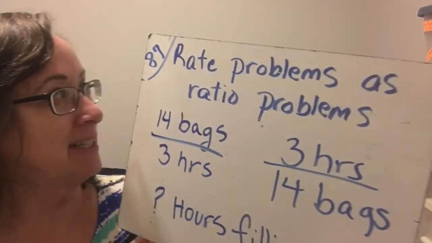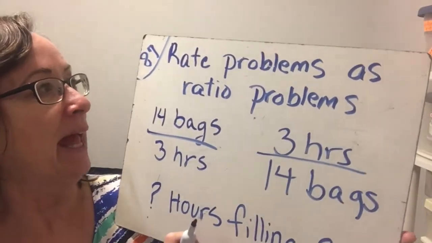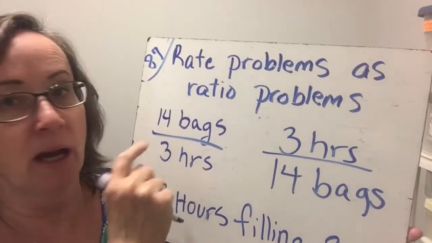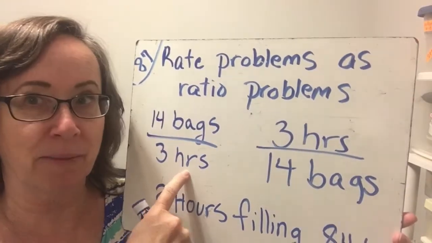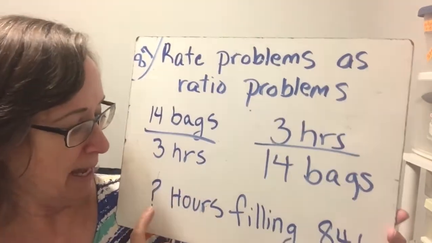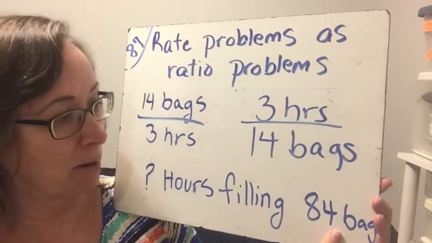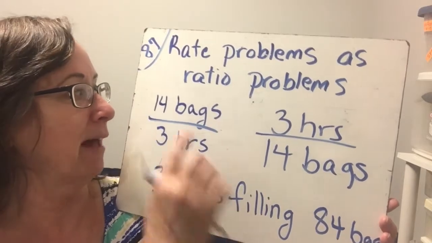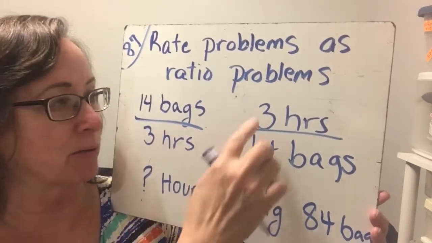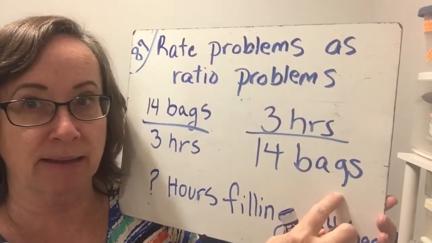Okay, so now let's do a practice problem. We're supposed to do, if 14 bags could be filled in 3 hours, how many hours would it take filling 84 bags? Well, we've got 14 bags is 3 hours, or 3 hours for 14 bags.